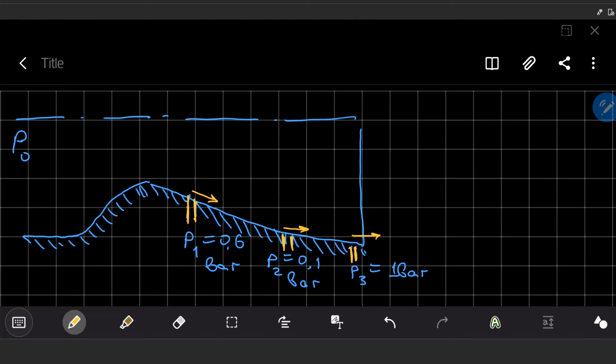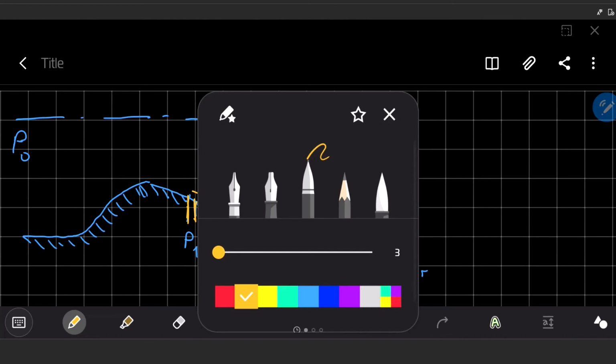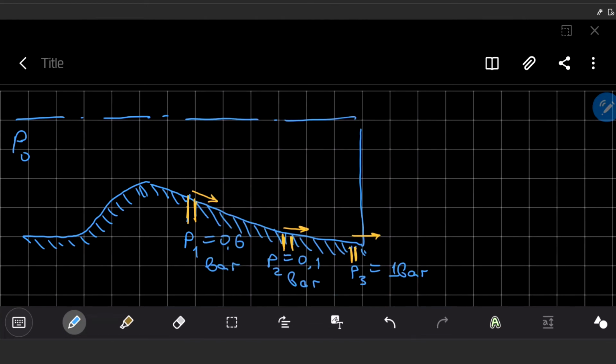So let's think about what we can calculate from here. We can calculate, for example, in this cross section the Mach number. It will be our Mach number 1. We will calculate from this cross section Mach number 2, and from this cross section Mach number 3.